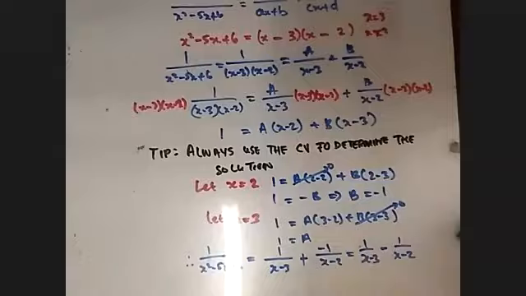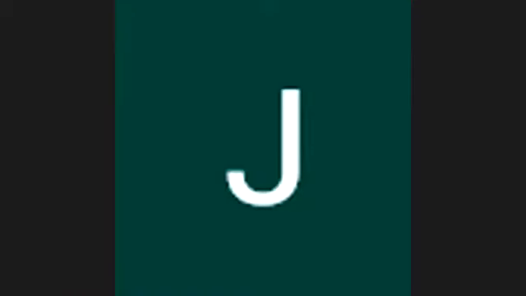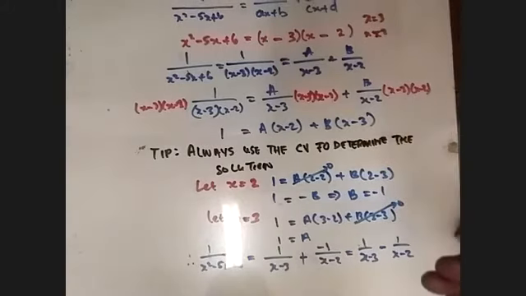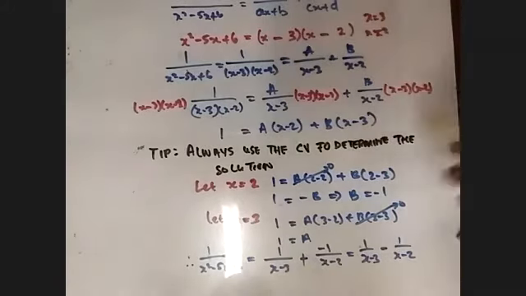Yes, it must be 1 for this method to apply. I've not tried the other one. If it works with the other one as well, I would advise you to use it, but I've never tried it, so I don't want to give you something which I've never tried myself.